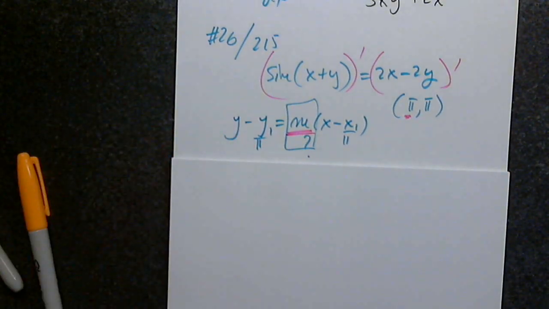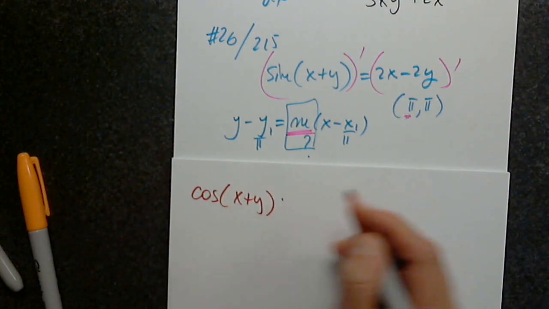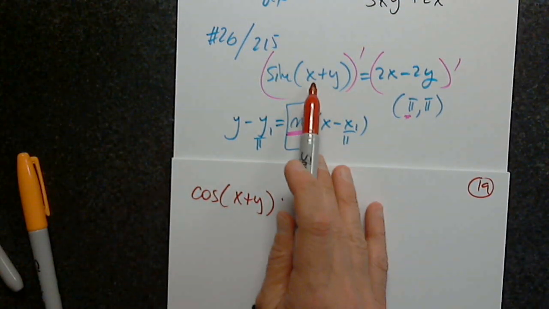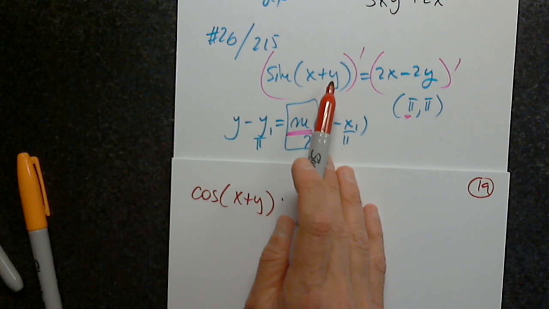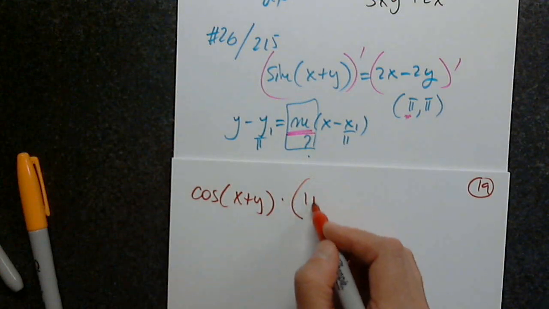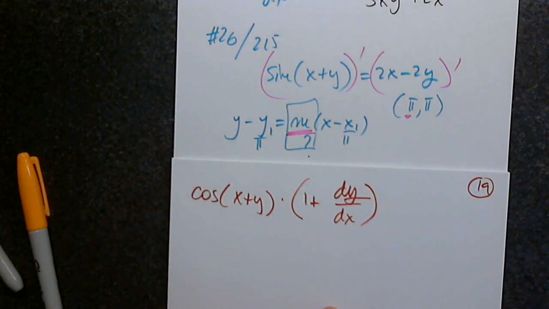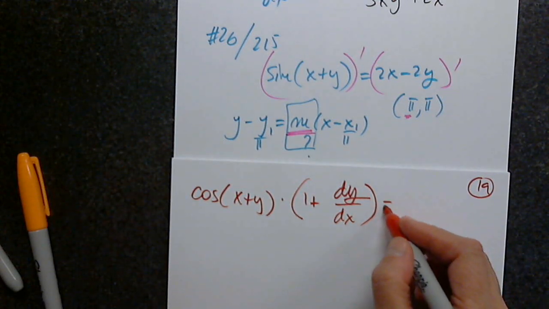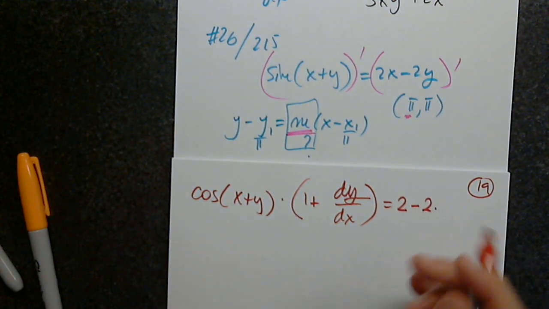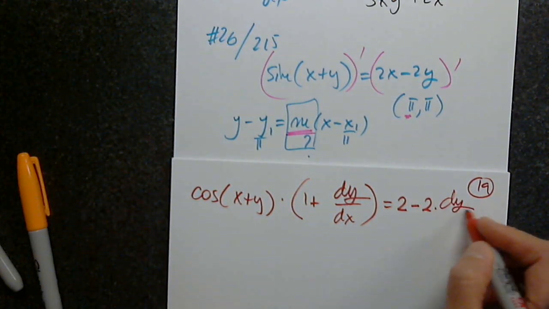Can anyone give us the left-hand side prime? Careful. Very good. So it is cosine of x plus y times the inner function prime, 1 plus dy over dx. The right-hand side is definitely 2 minus 2 times dy over dx.